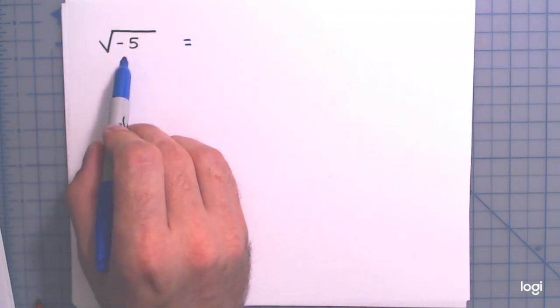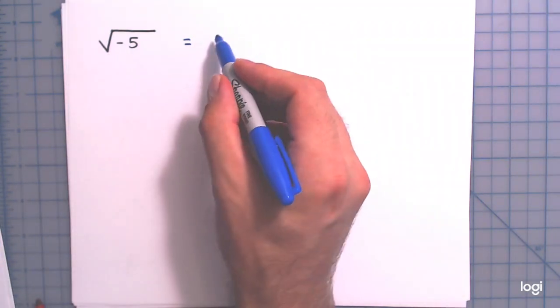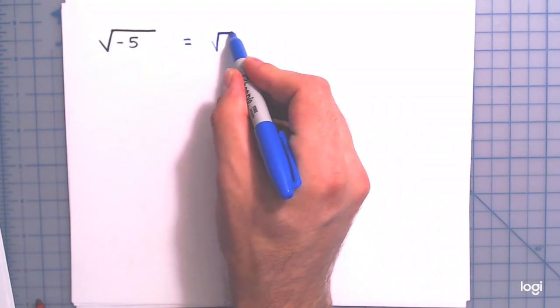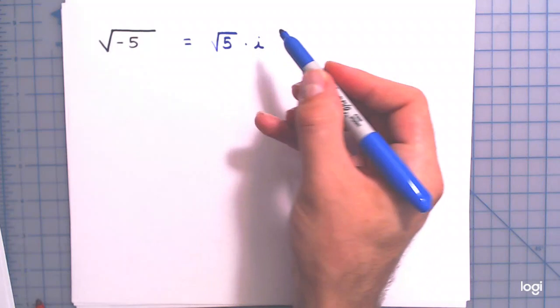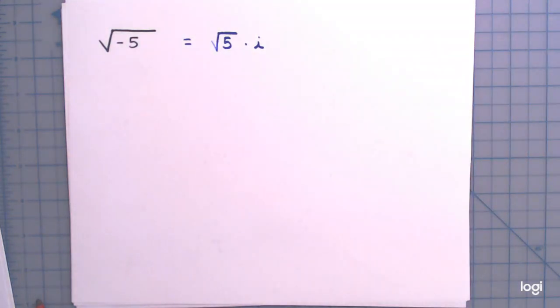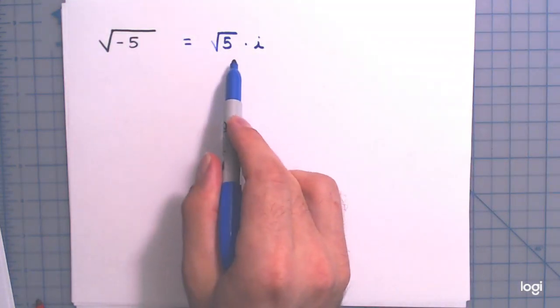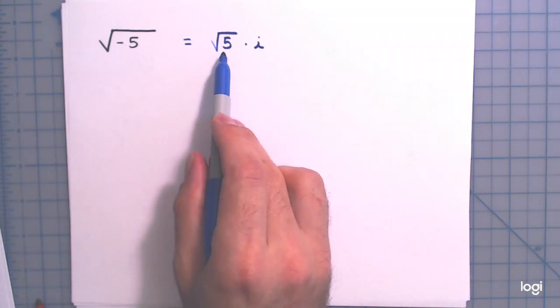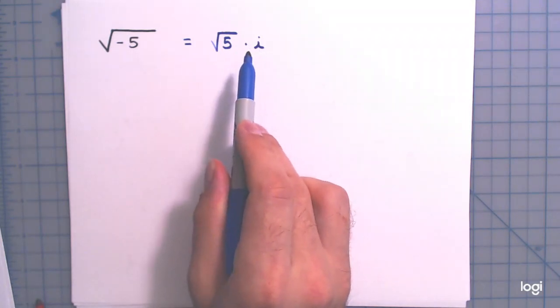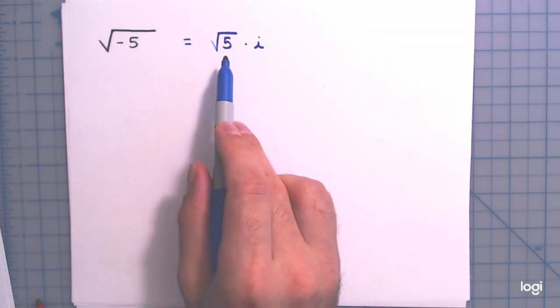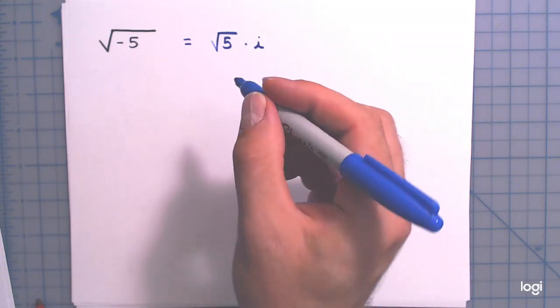So again, my little rule earlier, I'm just going to simply rewrite this as the square root of positive 5 times i, times that imaginary unit. And this is it, because the square root of 5, that's real. I have a real number times i, a pure imaginary here. And the square root of 5 doesn't simplify anymore.